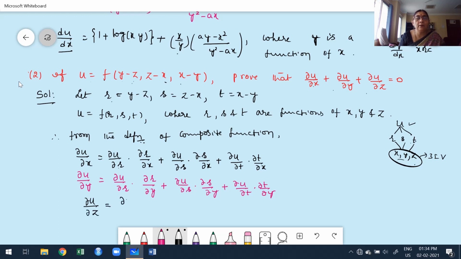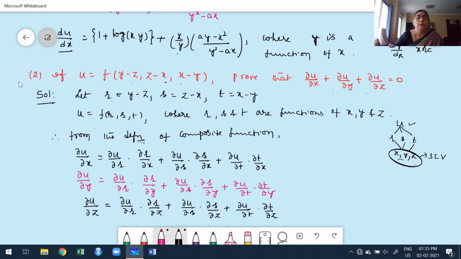It's nothing but U is a function of R, S, T: ∂U/∂R into ∂R/∂Z plus ∂U/∂S into ∂S/∂Z plus ∂U/∂T into ∂T/∂Z.